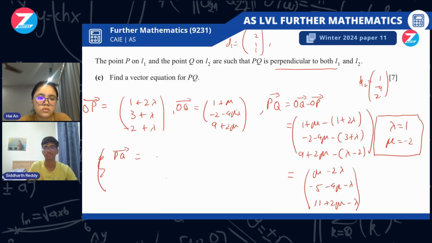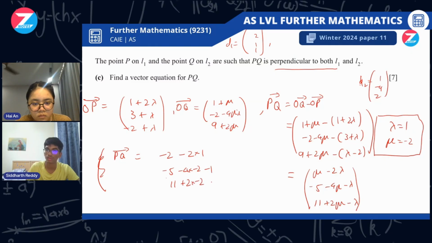PQ is equal to minus 2 into 1, minus 5 minus 4 into minus 2 minus 1, 11 plus 2 into minus 2 minus 1.